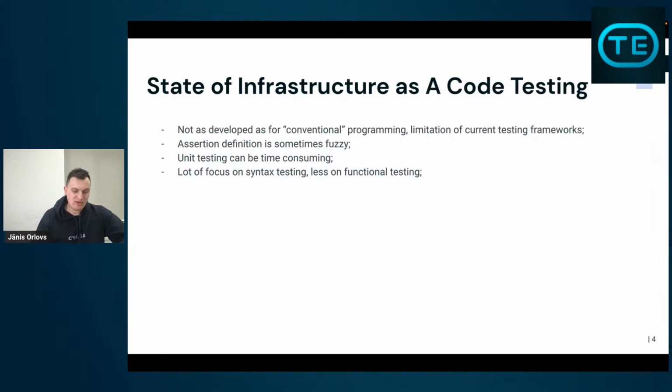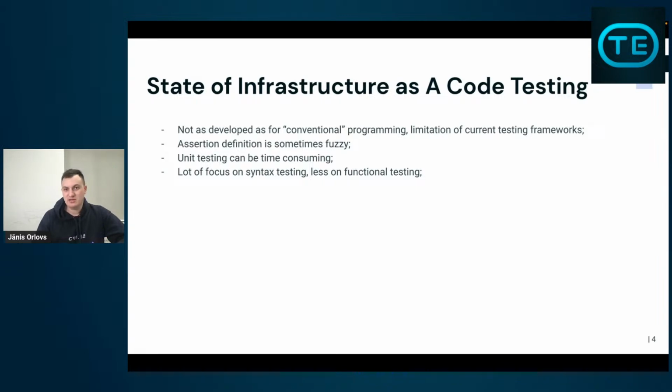The thing about infrastructure as code is that the testing itself was a little bit underdeveloped. It's not so efficient and not so fast as general unit testing for much more popular languages like Java, Python, and so on. But it's getting better. A few other issues: the assertions and definitions of what to test are pretty fuzzy.